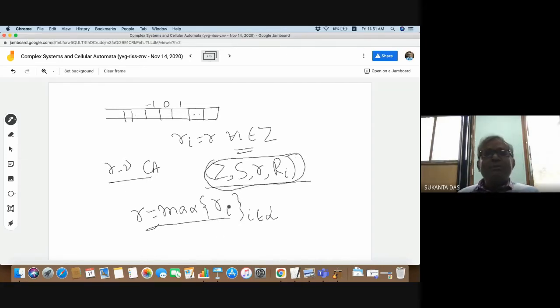We have not used this one, but you can do. Since you can do it, dealing with r-NUCA is as difficult as dealing with the general non-uniform CA.